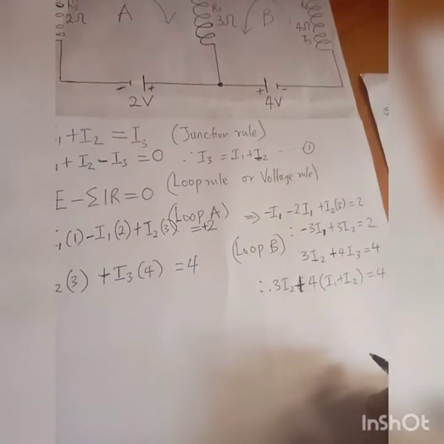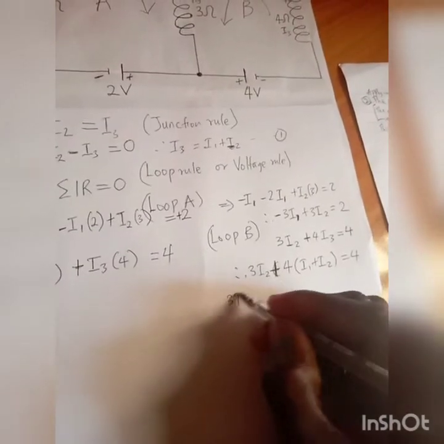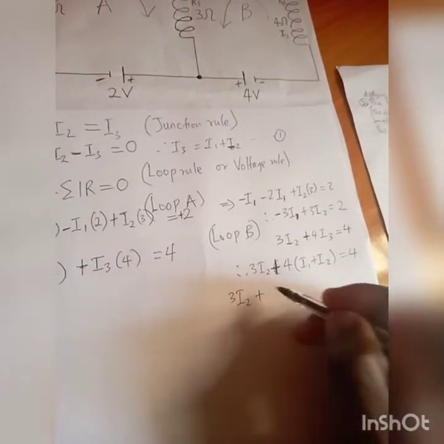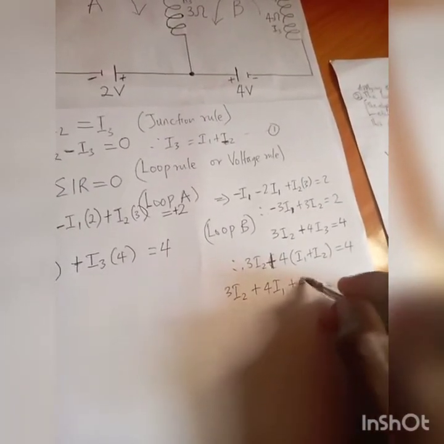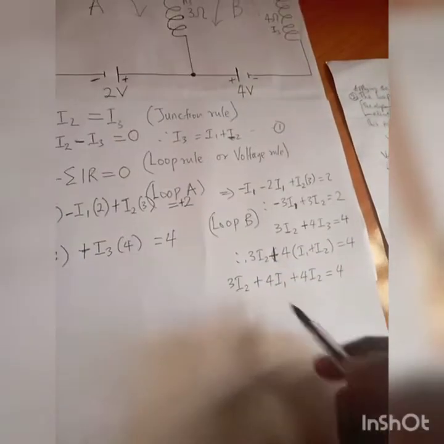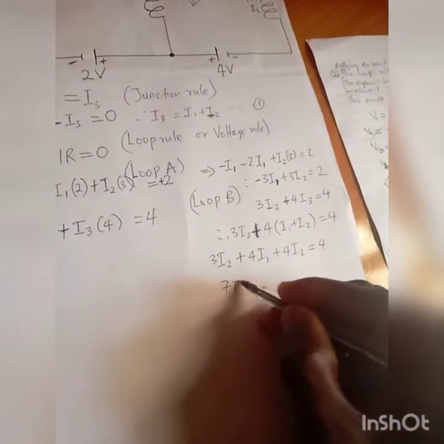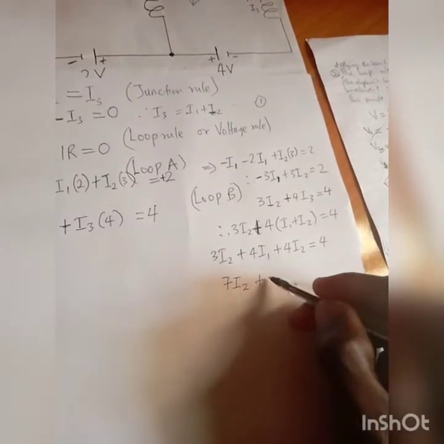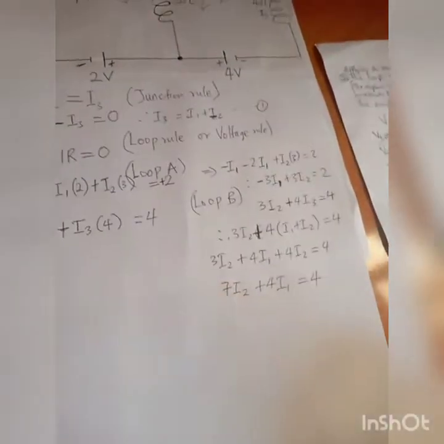So what you now do again is you multiply out: 3I2 plus 4I1 plus 4I2 equals to 4. This plus this will be giving us 7I2 plus 4I1 equals to 4.